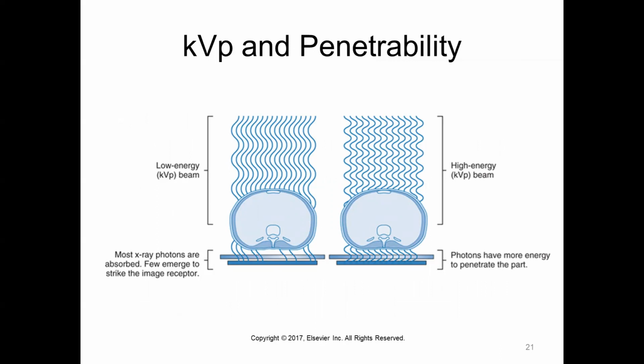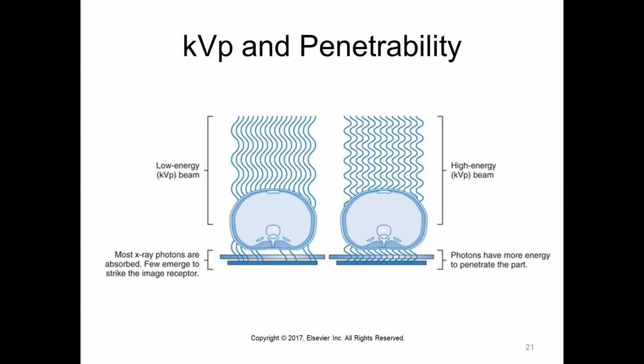Here's another example of kVp and its effect on penetrability. I will again note the illustration. Wavy lines indicate photons. Lower energy is less tightly coiled than the high energy photons. So on the left-hand side, you're x-raying two abdomens, low energy kVp beam, more attenuation is happening because fewer are just being transmitted.